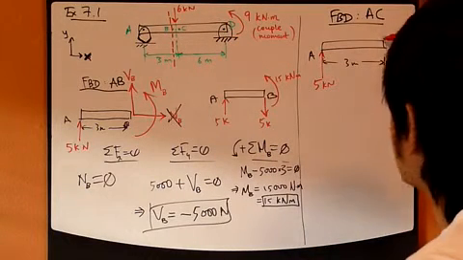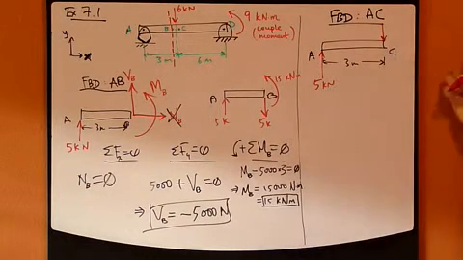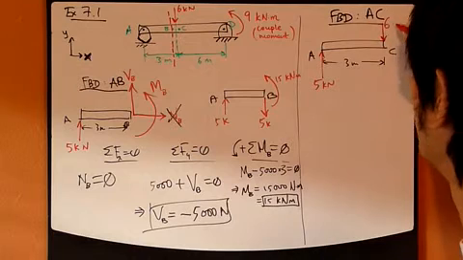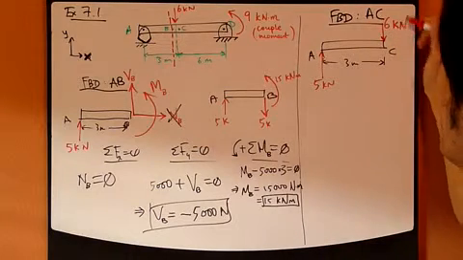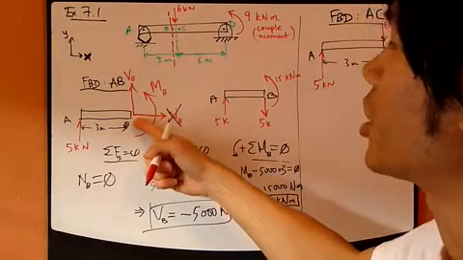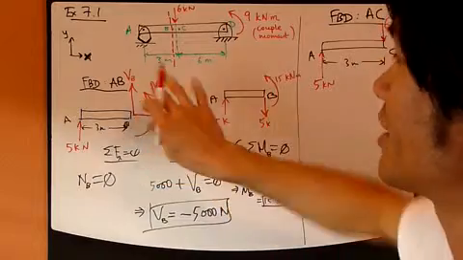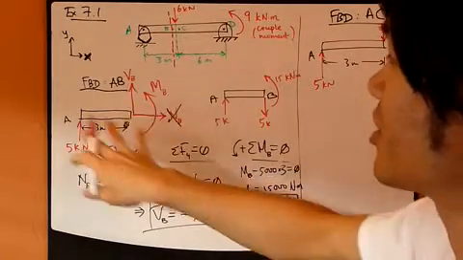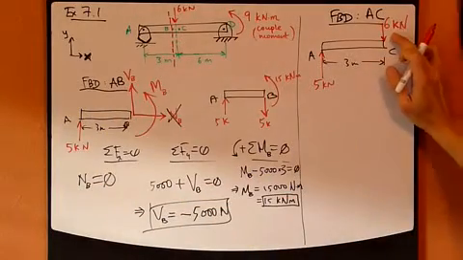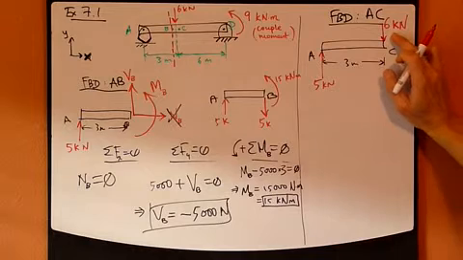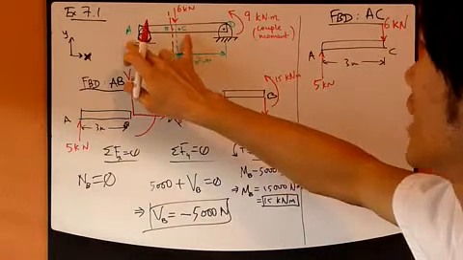So 6,000 newtons appears in this free body diagram, where it doesn't appear in the AB diagram, right? Because it's outside of that free body diagram. So 6,000 newtons is now included in section AC.